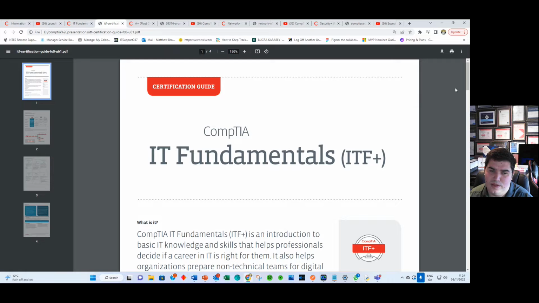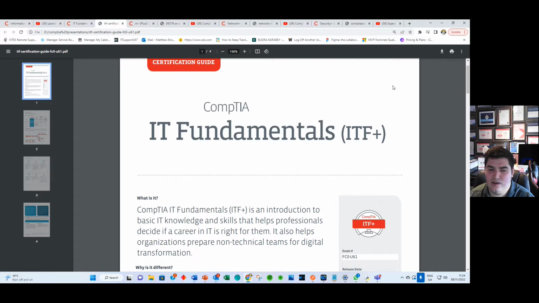So the main point being is CompTIA ITF Plus is an introduction to basic IT knowledge and skills. It helps you professionally decide if a career in IT is right for you. It also helps organizations prepare non-technical teams for digital transformation. So what that means is you have your entry level IT engineers, and you need them to hold a vendor neutral certification.